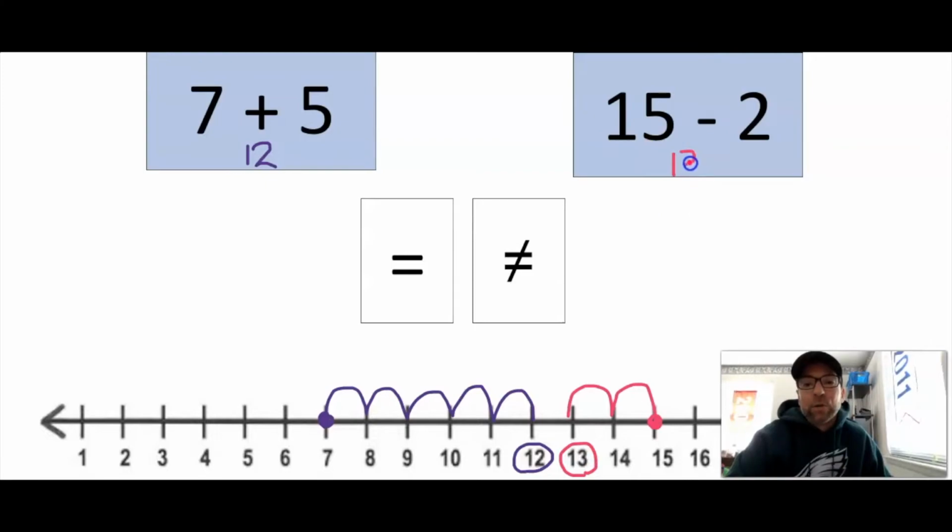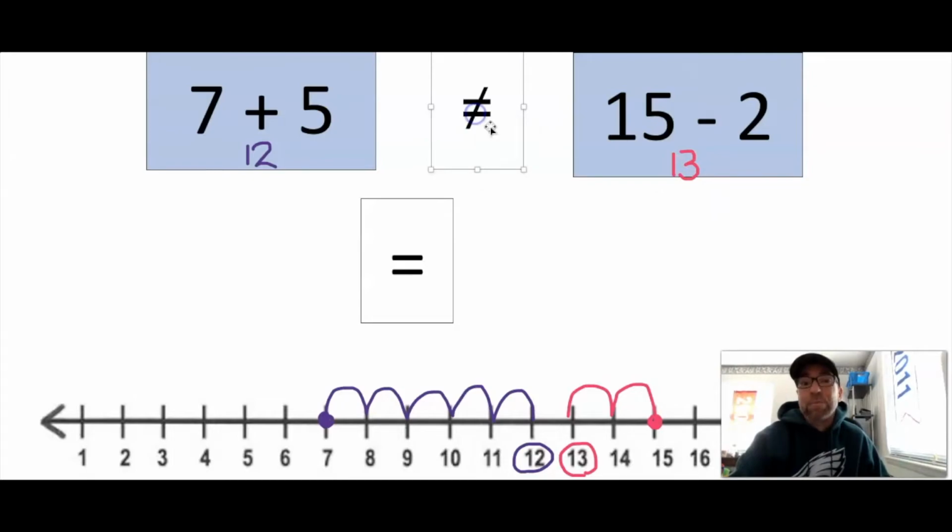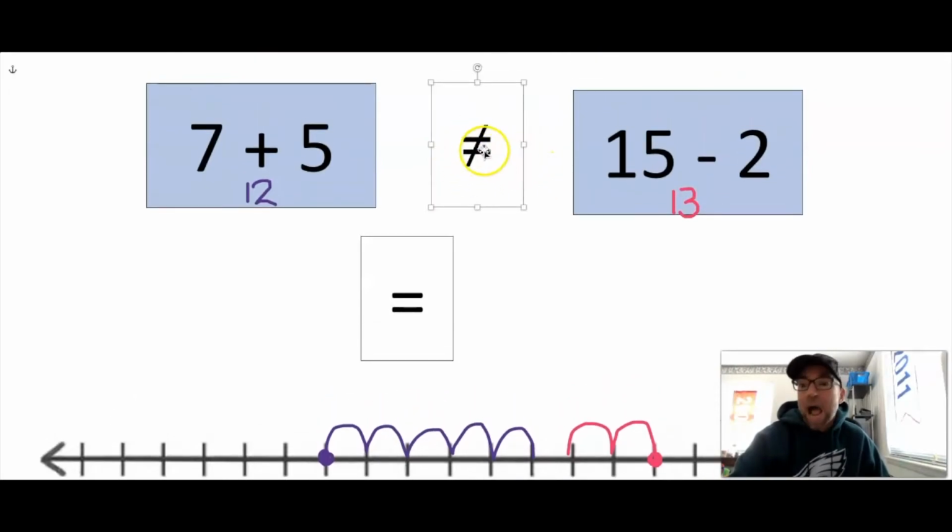Now, here's our question. Did we land on the same number? Were both of those number models equal or not equal? Well, 7 plus 5 equaled 12. 15 minus 2 equaled 13. They are not equal. So I moved the not equal sign between them.